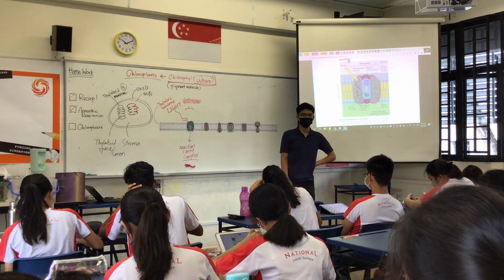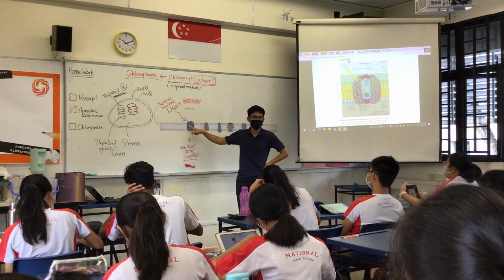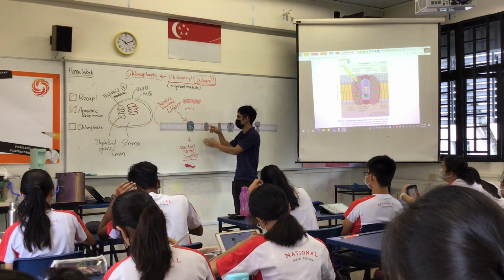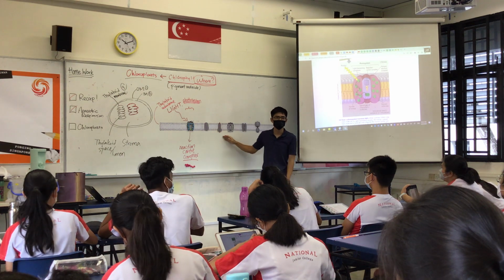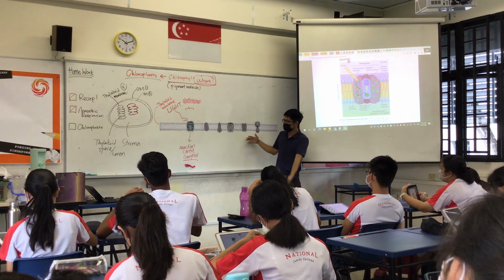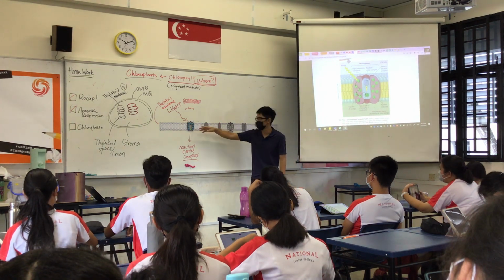So why am I showing you all this? Well, the photosystem can be found along with the electron transport chain that you just learned in cellular respiration. Remember, in an electron transport chain, what does it transport? It transports electrons down the chain.